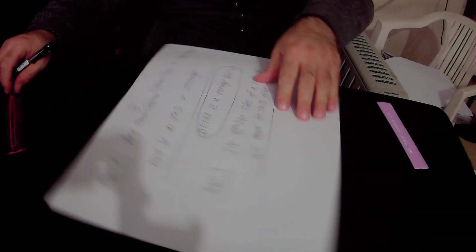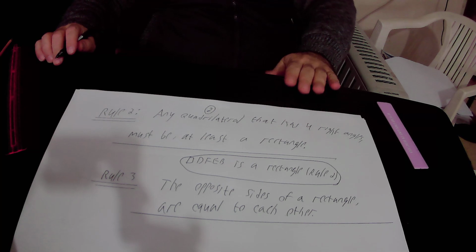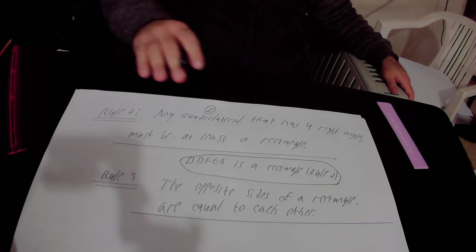We'll read rule number 3 again. According to rule number 3, the opposite sides of a rectangle are equal to each other.